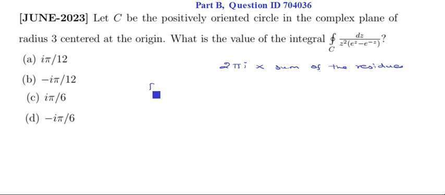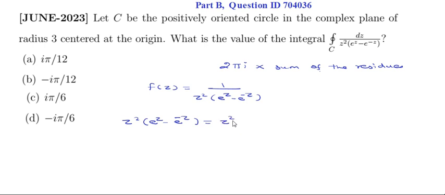From the given integral, f of z is 1 by z square into e power z minus e power minus z. First we will find the poles of this function f of z, then we can find the residue. Before finding poles, we will simplify this function. First we consider z square into e power z minus e power minus z.